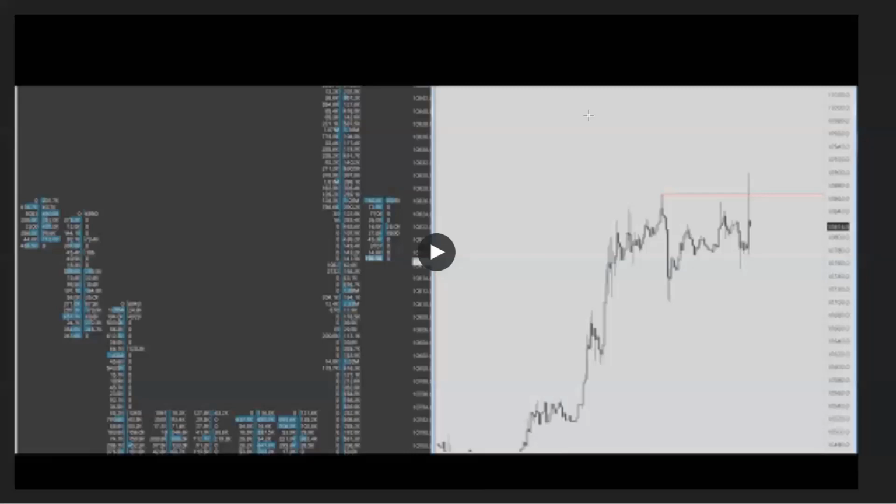But if you know what to look for and where to look for it, breakout trading can be extremely rewarding, and this is where the footprint comes in really useful. So as usual, I'm looking at major swing points, range highs, lows, the kind of area at which you'd anticipate a strong breakout.